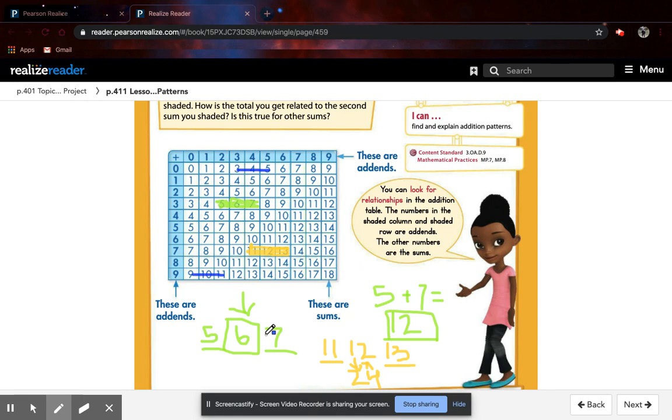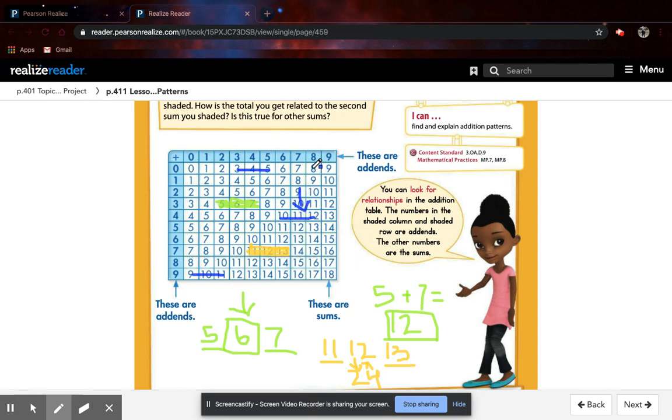So if I were to do the 10, 11, 12 in the blue right here, I would get 10 plus 12, so 22. But then if I double 11, it's going to give me 22.